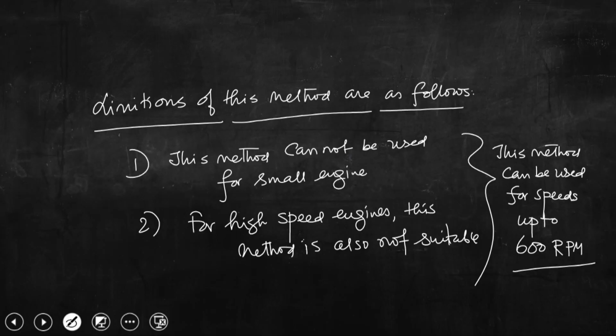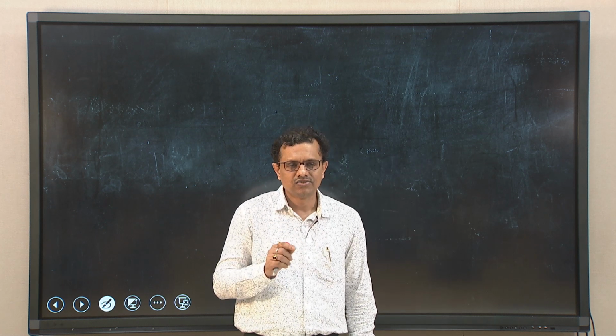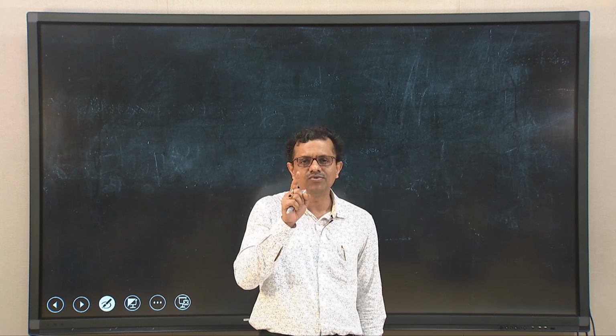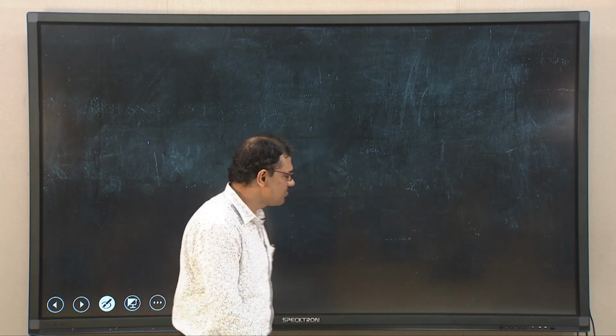Now, the most important part is, we have discussed that the indicator diagram is obtained using the indicator device. Now, what we need to get is the indicator card. Essentially, using that indicator diagram we need to measure the area, and that area should be converted to work using some constant. Okay.